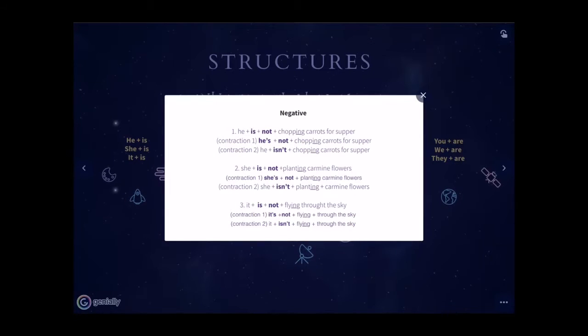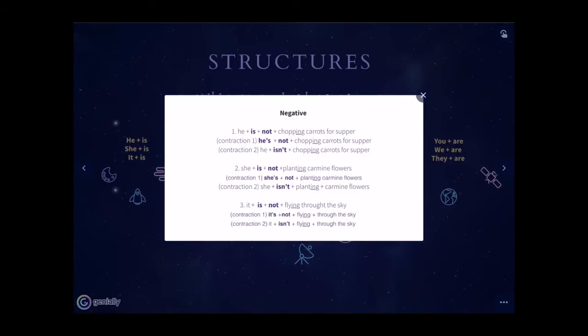The word not is after the verb be, like you can see. And it goes like he is not, she is not, it is not. Then the verb plus ing, chopping, planting, flying, and the complement.